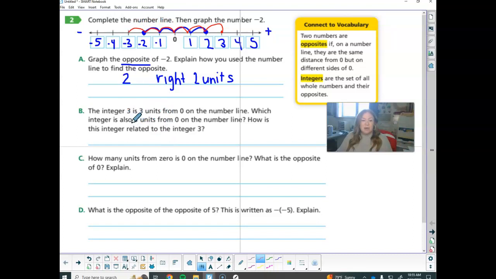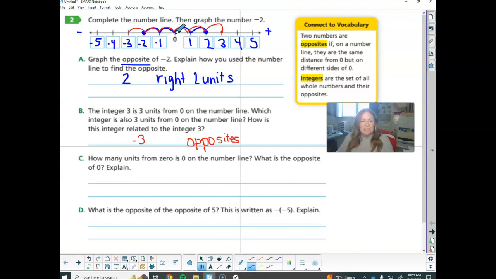The other integer, also 3 units away from 0, is negative 3. And then it says, how are these integers related? How is this integer, negative 3, related to the integer 3? Well, they're both 3. They're on opposite sides of the number line. So 3 and negative 3 are opposites.